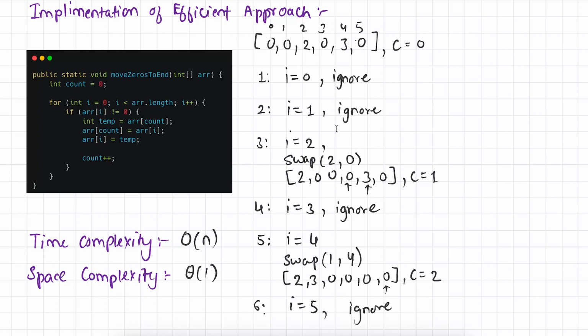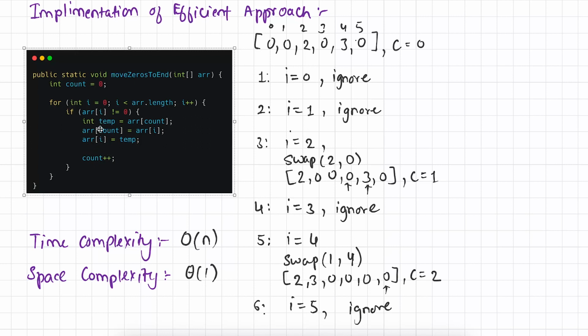That's why we are checking in the if statement that if the number is non-zero, then only we have to act. If the number is non-zero, then we store the element present at index count in a temporary variable, then store the element present in array of I into array of count, and then we move the value of the temporary variable back to array of I, and then we increment count by 1. It means we have got the first non-zero element. So this is the swap logic.